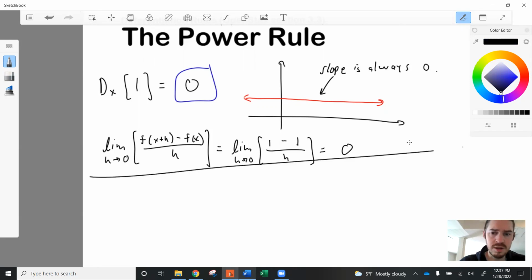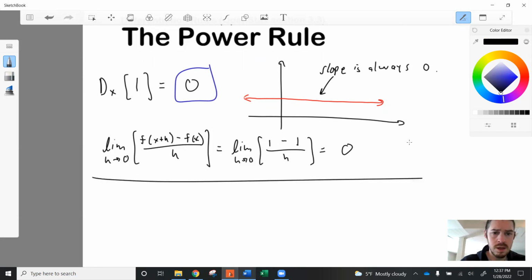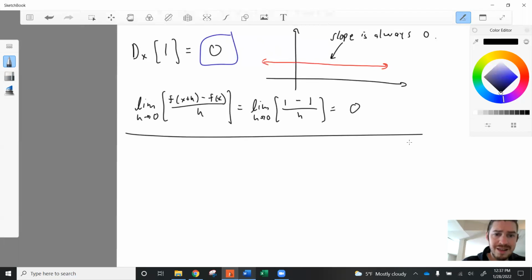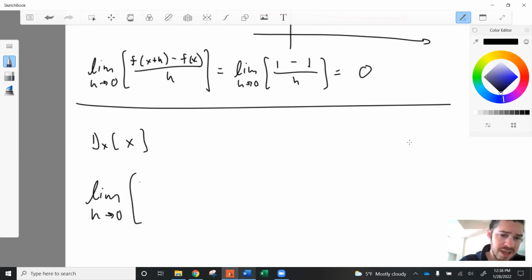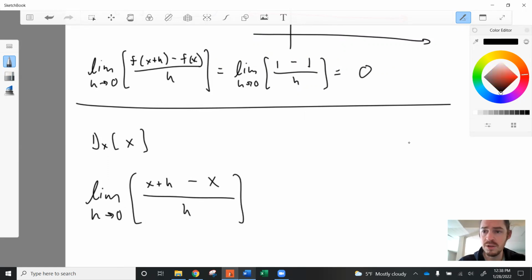Okay, next, let's look at the derivative of x. Okay, so we're going to have the limit as h approaches 0. We're going to have f of x plus h. If our f of x equals x, f of x plus h is just x plus h. And then minus f of x, which is just going to be x, all over h. You'll notice the x's are going to cancel out.